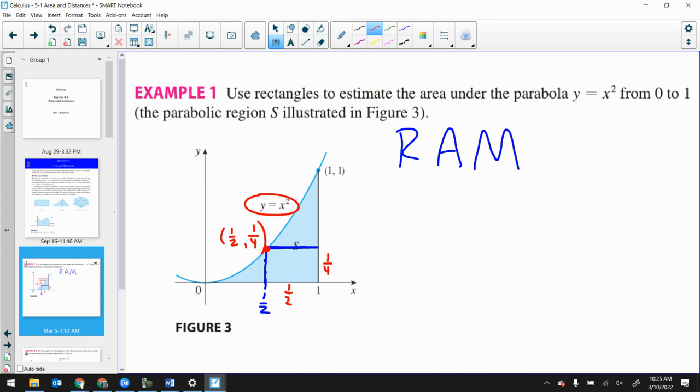So what I can say now is, well, what is the area of that tiny little rectangle? What's 1/2 times 1/4? 1/8. So now I'm narrowing my focus. I had said that S was going to be smaller than 0.5, right?